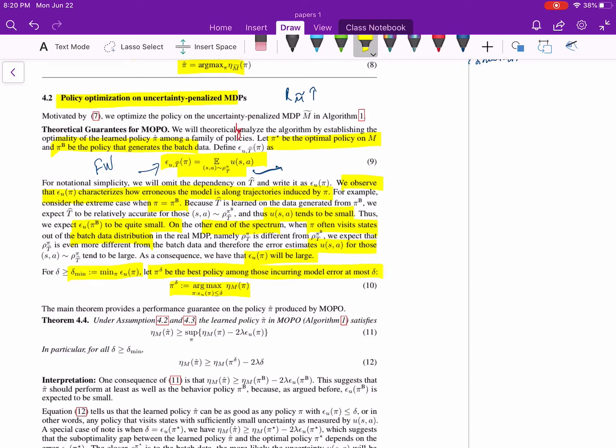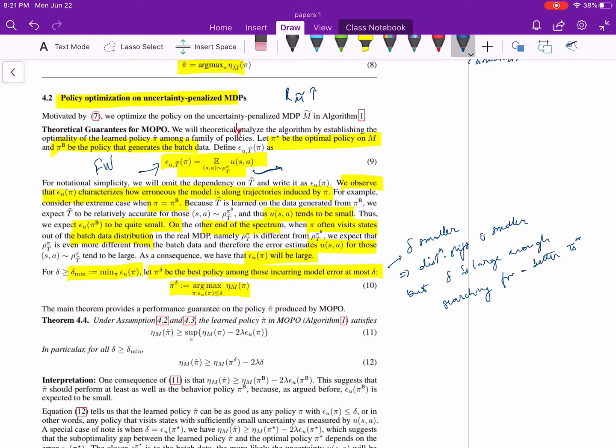What this is saying is that delta being smaller implies the distribution shift is smaller, but you have to balance it in such a way that delta is large enough, since I'm searching for a better pi star as the space increases.